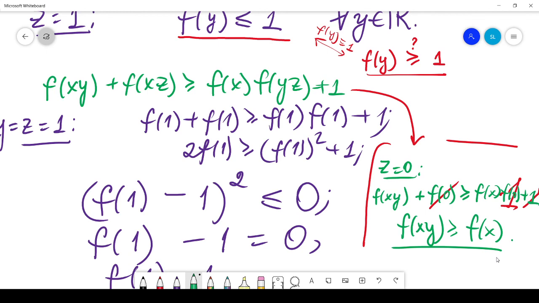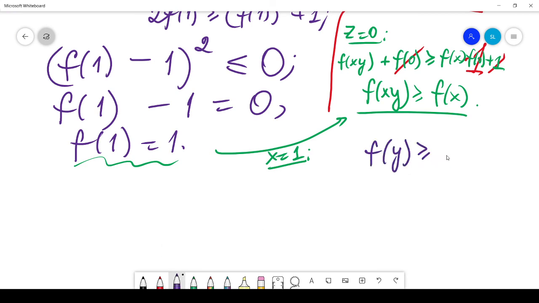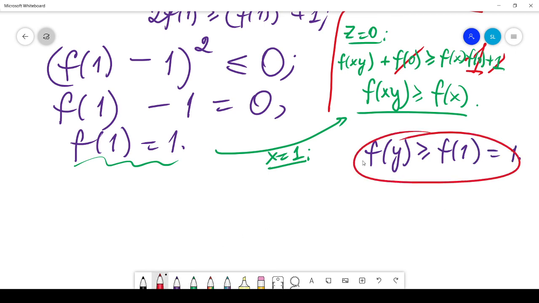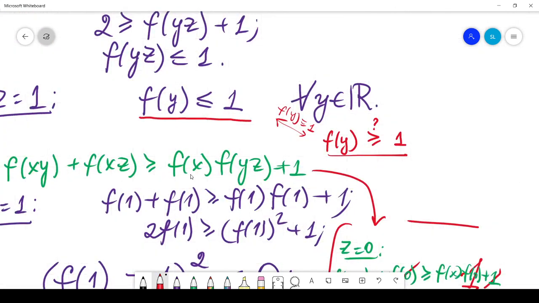But we also know that f of 1 is equal to 1, so let's plug in x equals 1 here, and we'll get f of y is bigger than or equal to f of 1, which is 1. Actually, we proved it. We proved that f of y is bigger or equal to 1 for every real number y, and at the same time it is less than or equal to 1 for every real number.